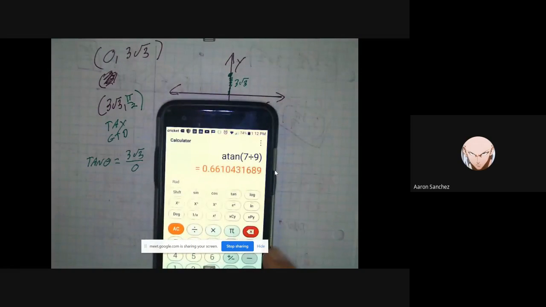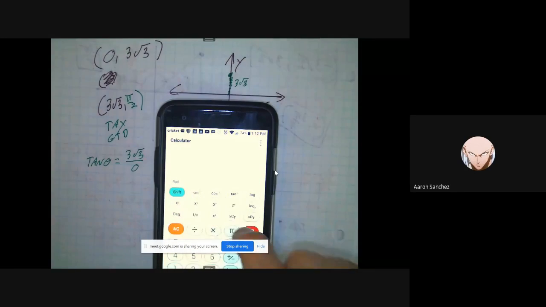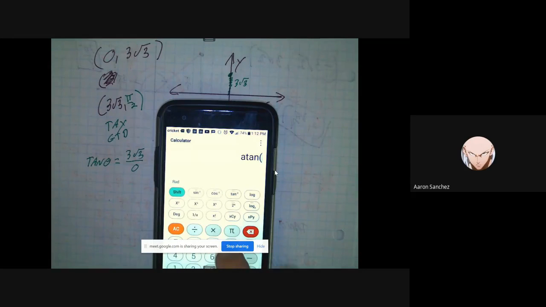So, shift tan of 3 times 3 times root 3... trying to figure out how to, I need my regular calculator.